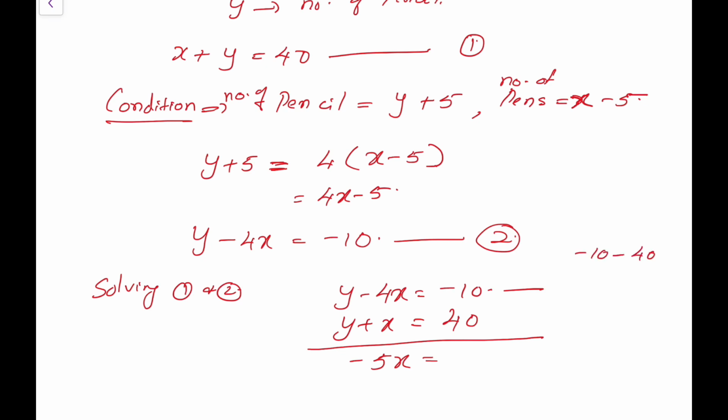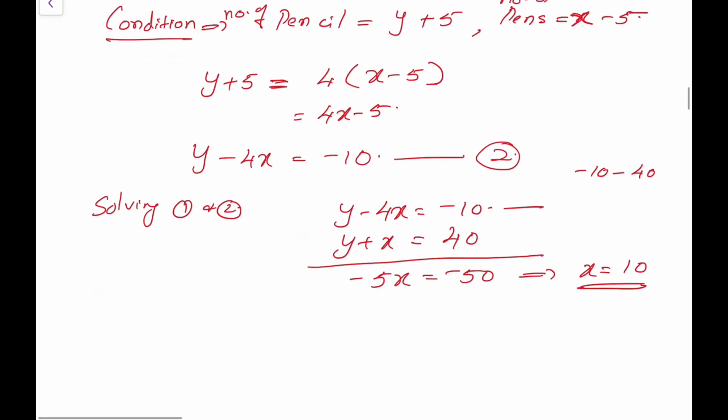Don't write it here, some children write minus 40 here, and then they do like this. Don't do all those things, because later on for checking you will find it difficult and confusing. So minus 10 minus 40 is minus 50.